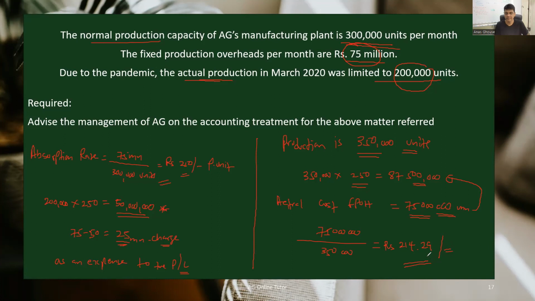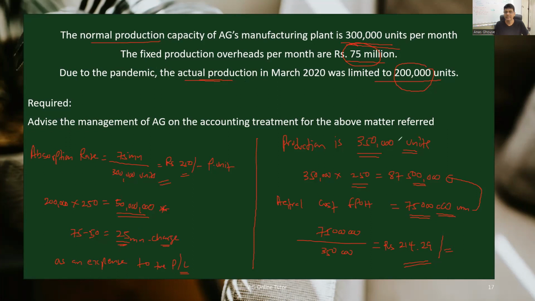This is the answer for this particular question. So please remember, the fixed production overhead cost should be allocated based on the normal capacity. When there is low production, the difference has to be charged to the profit and loss account.